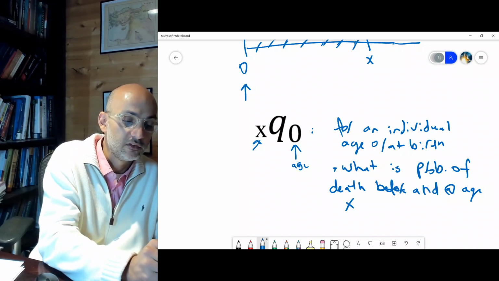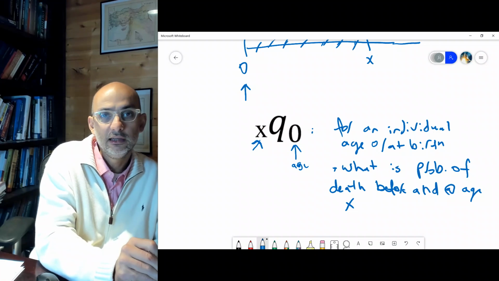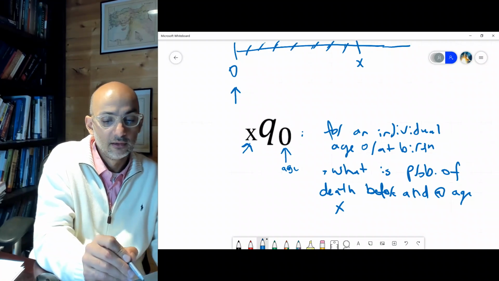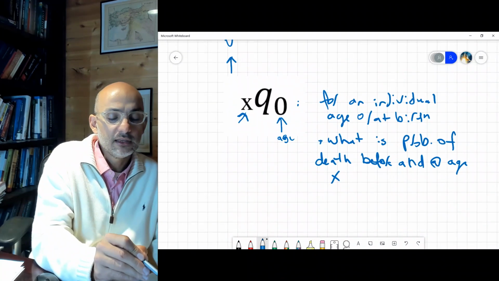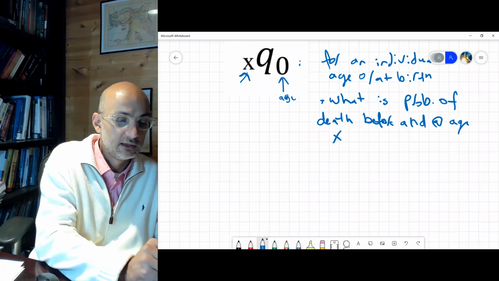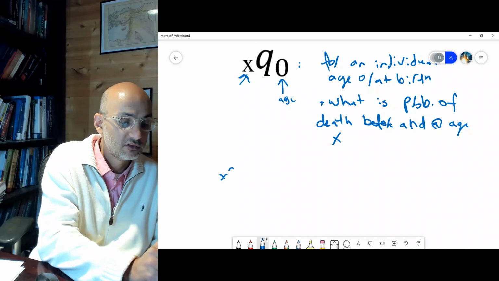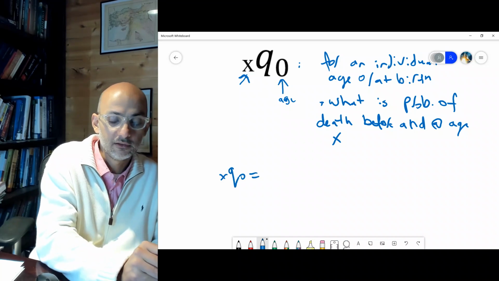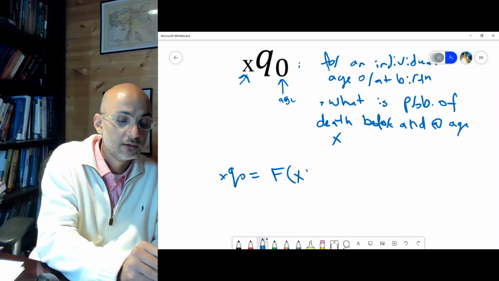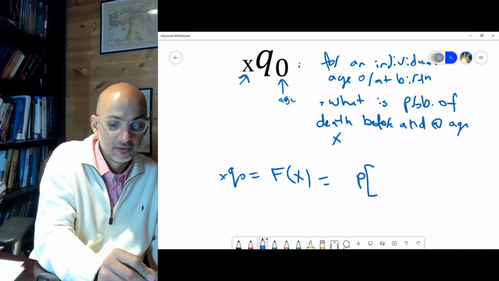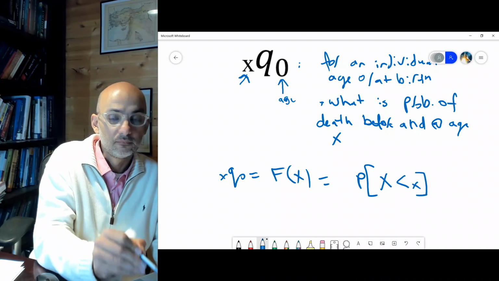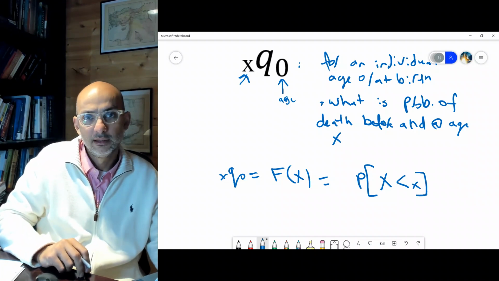So this is the age of death, which is the shaded area. This is very important to understand. In mathematical language, xq0, you can remember, is F of x, which is the probability that death X occurs before small x. Simple, right? It's something we need to keep in our mind.